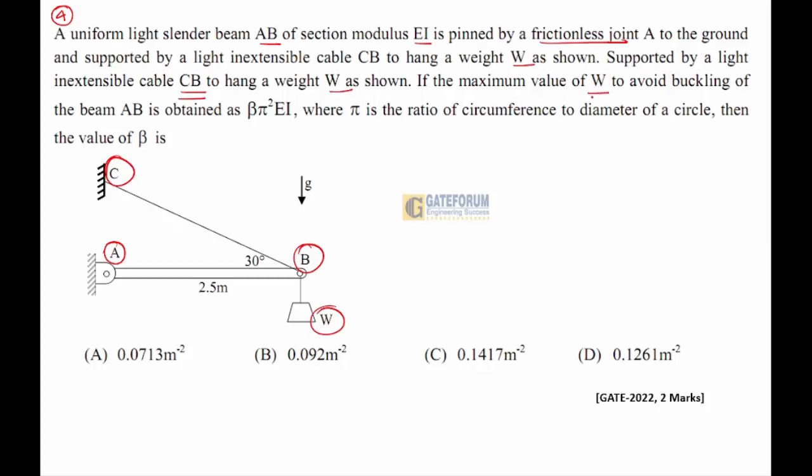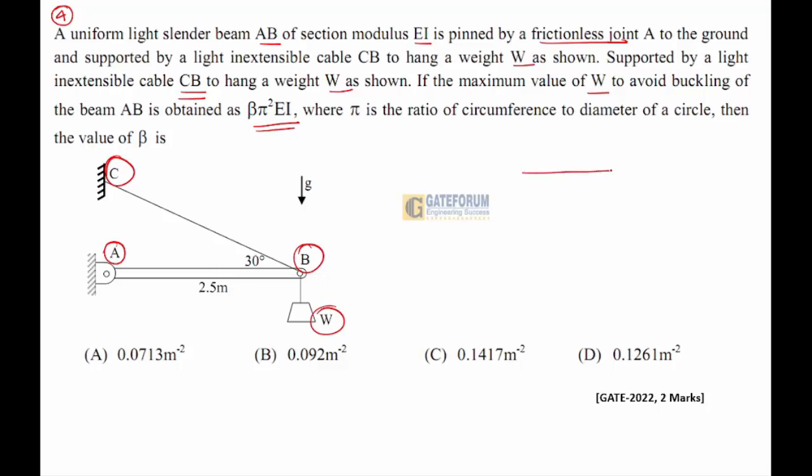The maximum value of W to avoid buckling of the beam is obtained by beta pi square EI, where pi is the ratio of circumference to diameter of a circle. The value of beta is: A 0.0713 m^-2, B 0.092 m^-2, C 0.1417 m^-2, D 0.1261 m^-2. Now, I'll draw free body diagrams for each link.